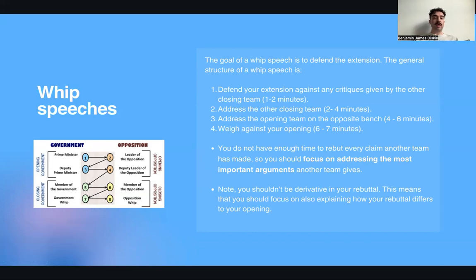And it is generally advised that you start by defending your extension for ideally the first 1 to 2 minutes of your speech. However, if you require more time, that is, of course, okay. These are not strict rules or guidelines. Secondly, you should probably address the other closing team.